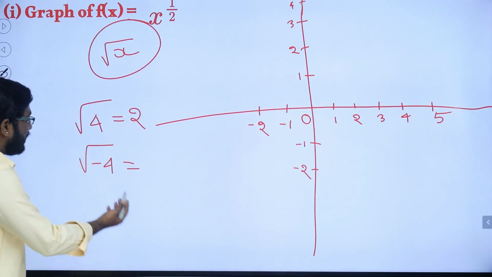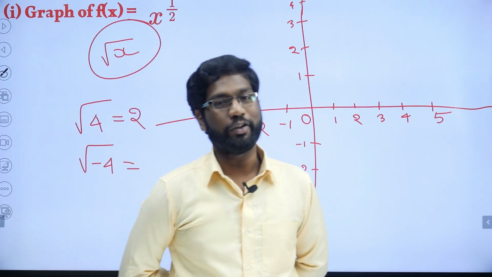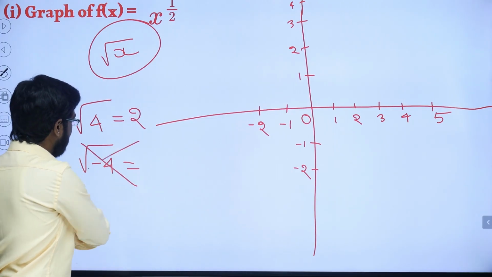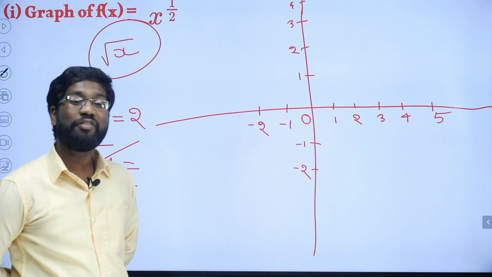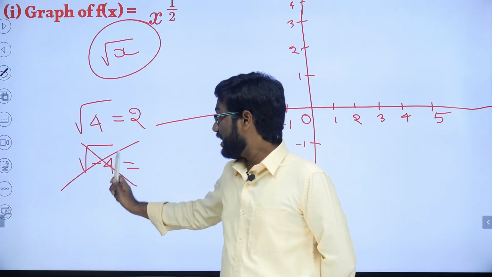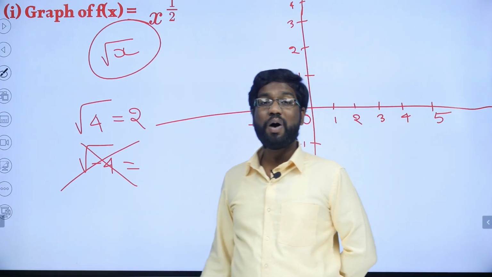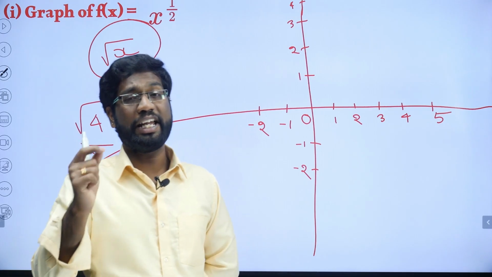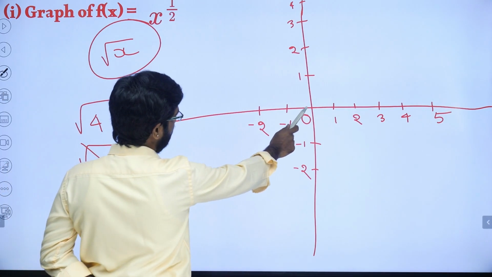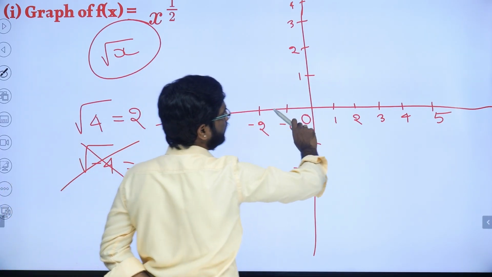Square root of minus 4 is undefined in real numbers. These things are defined in complex numbers. In complex analysis, we will study what this value is, but in real analysis, these are undefined. So I can't take any of the negative values as my input. In my input, I can't take these values, so the graph is going to be here only.